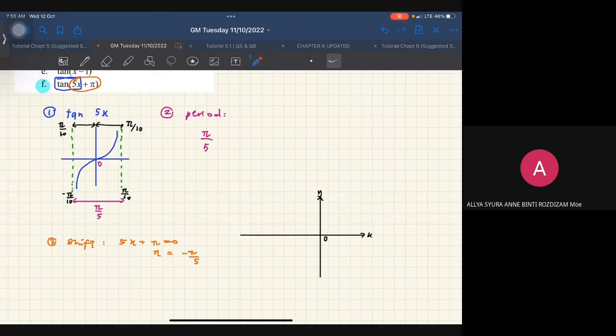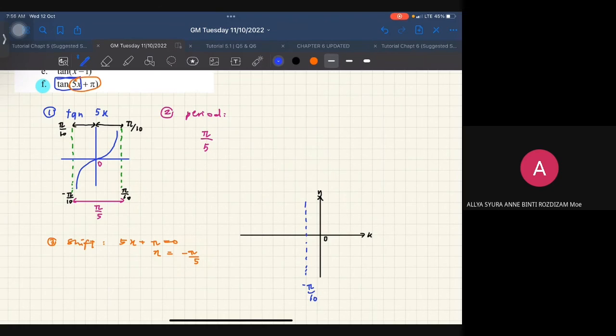Is it negative pi over 10? I forgot. Yes, negative pi over 10. Negative pi over 10, okay. So here, we just subtract with this one. So we find the first vertical asymptote. Okay, so you will get the first vertical asymptote, negative pi over 10.